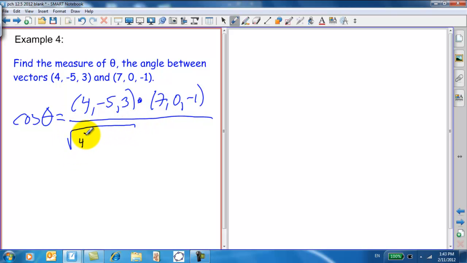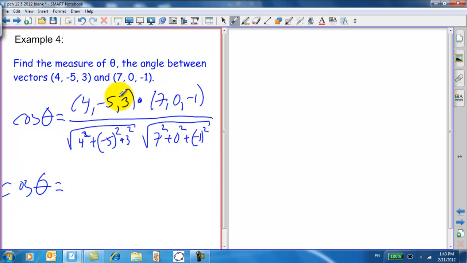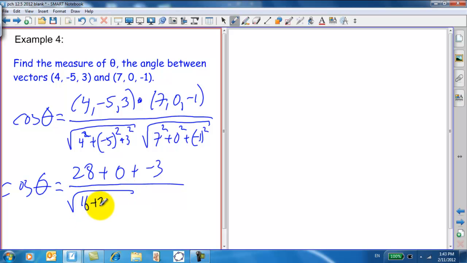So that's the square root of 4 squared plus negative 5 squared plus 3 squared times the square root of 7 squared plus 0 squared plus negative 1 squared. And so you get the cosine of theta is 28 plus 0 plus negative 3 all over the square root of 16 and 25 and 9 times the square root of 49 and 1.